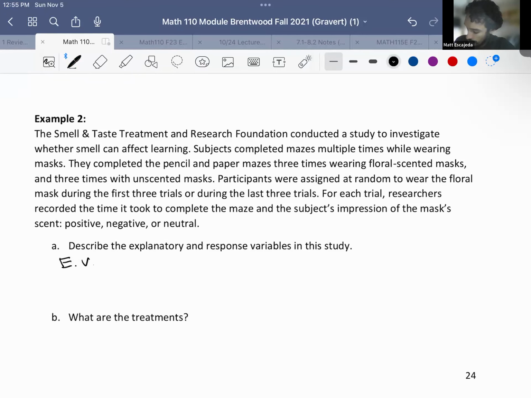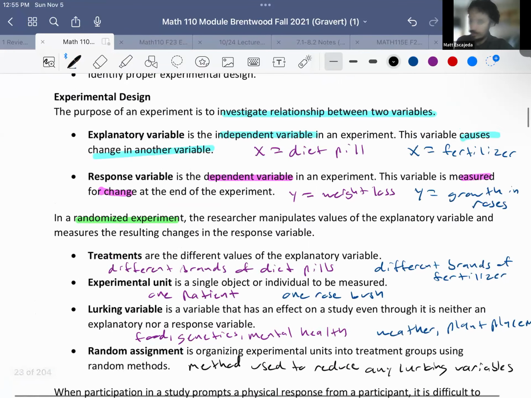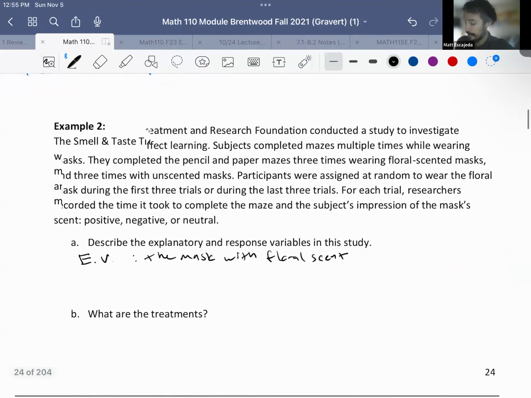That is just a mask with the floral scent, because the explanatory variable is the variable that causes change in another variable. That's the one thing being applied to the experiment: the floral scented mask.